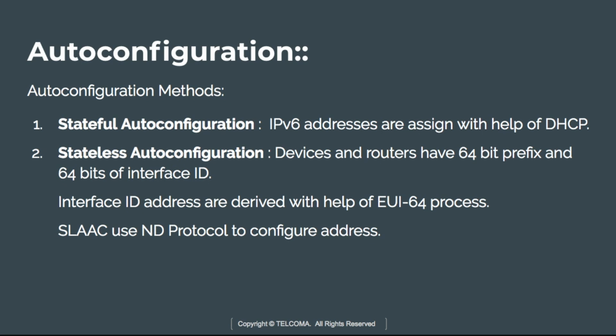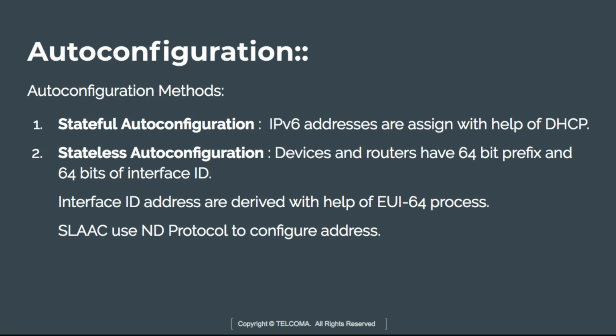In stateless auto configuration, the interface ID is derived with the help of the EUI-64 process. We have discussed this process in an earlier lecture. Here the interface ID is automatically derived in IPv6.